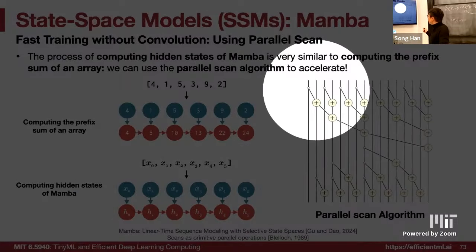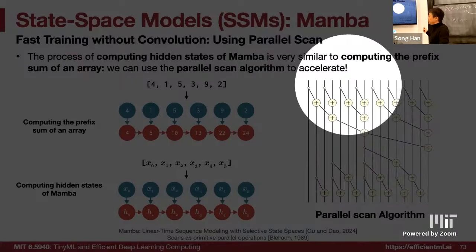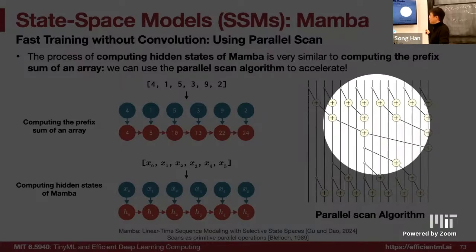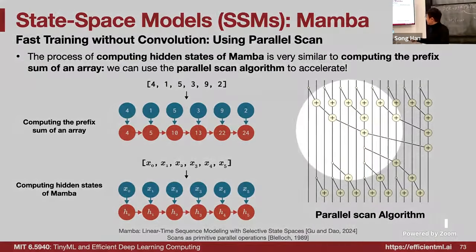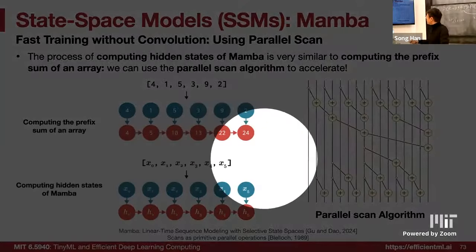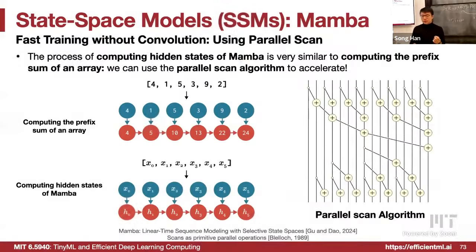Calculate 1 and 2, 3 and 4, and 1, 2, 3, and 4 in a parallel manner. We can do that similarly for computing the hidden states in Mamba. Compared to computing 0 and 1, 2 and 3, 0, 1, 2, and 3 serially, we parallelize them using compute in space rather than serializing them in time.